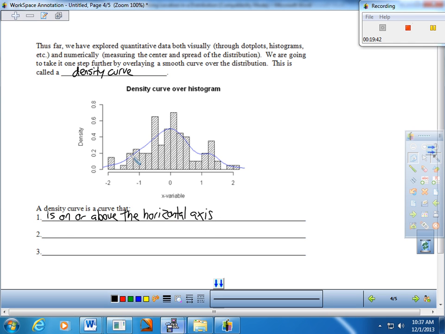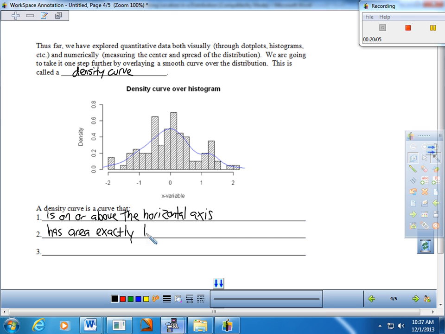So you see this curve right here, all of it is above the x-axis, or the horizontal axis, that we have in play right there. And you can see a couple of the other ones down below as well. So on or above the horizontal axis, and here, to me, is the key: it has an area of exactly 1.